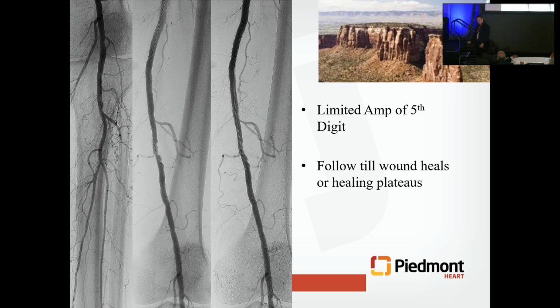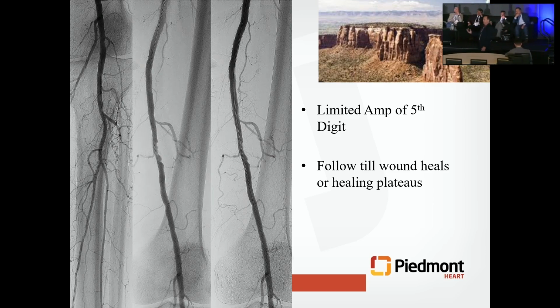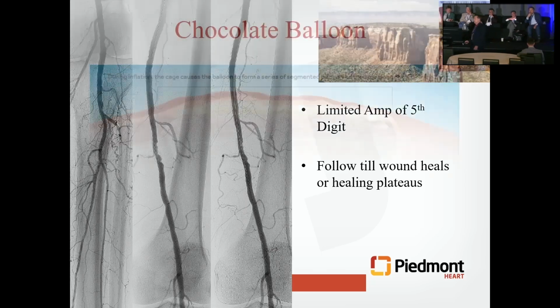IVUS is very, very easy to do. So Dr. Banerjee's question is, should you be using it throughout the procedure, not just on the front and the back end? I think that's a good question. Are you getting the expansion you need with these balloons? Are you getting good stent expansion if you're putting in stents? I think it's important, just like in the coronary literature, we would say that we should do this. And I think the day will come where we'll be using this on a regular basis.